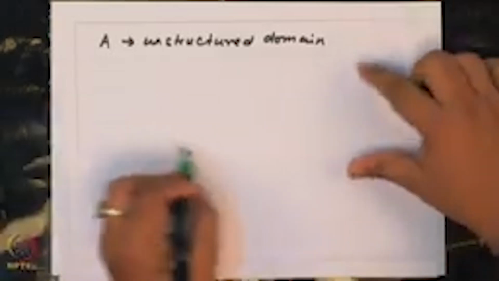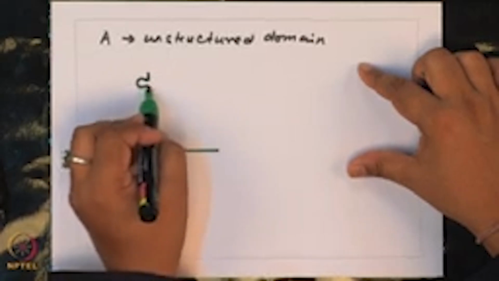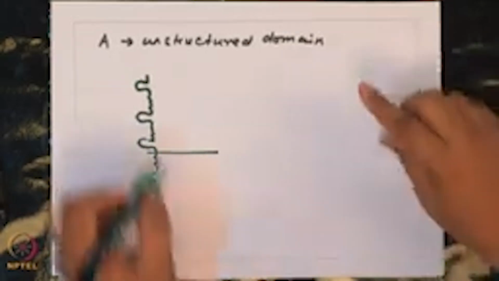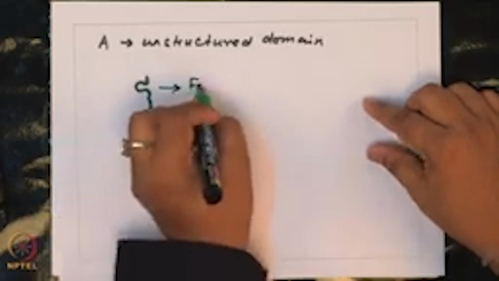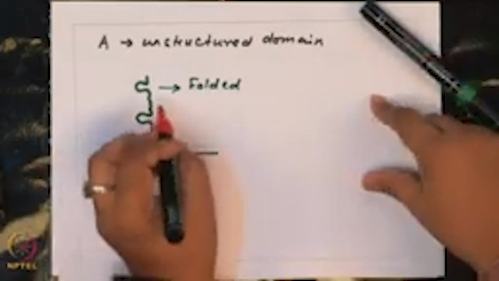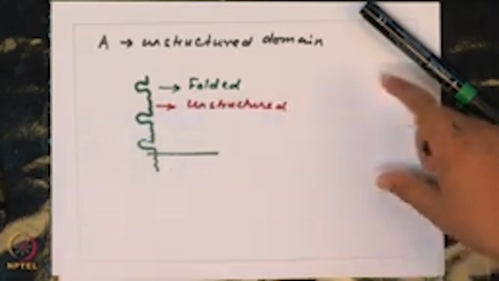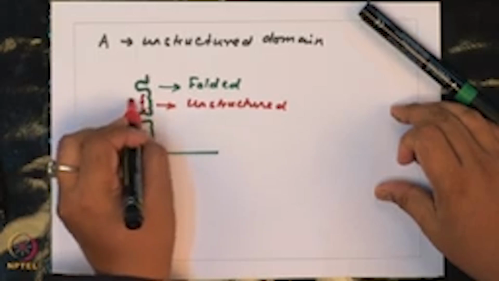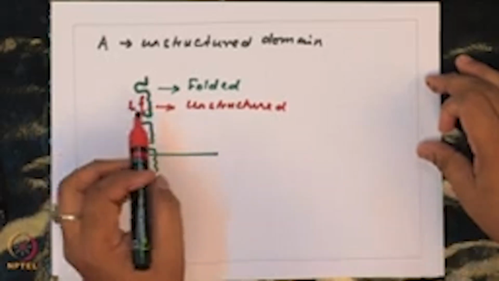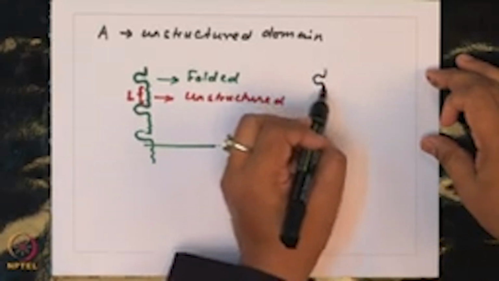For the simple reason that if I draw a protein like this, with these folded and these unstructured, let us assume this length is L. Because it is unstructured, it will not exactly be present like this. The protein will not have a configuration exactly like this.